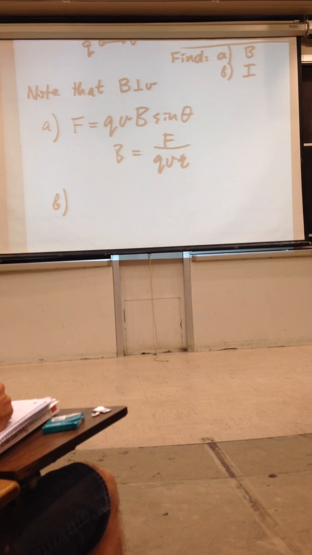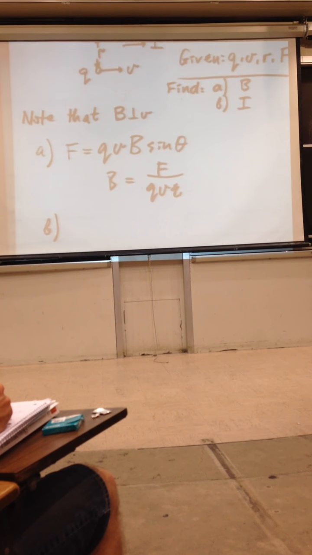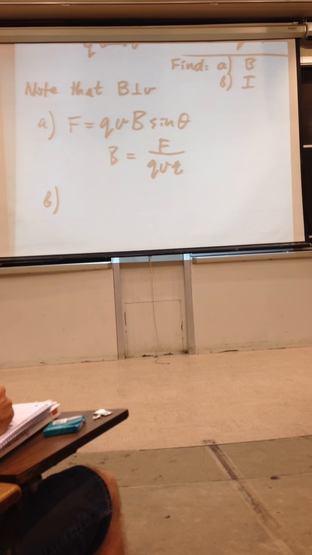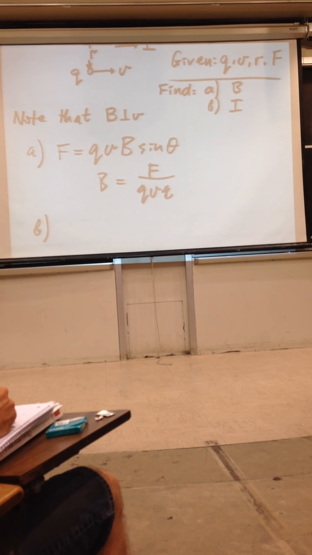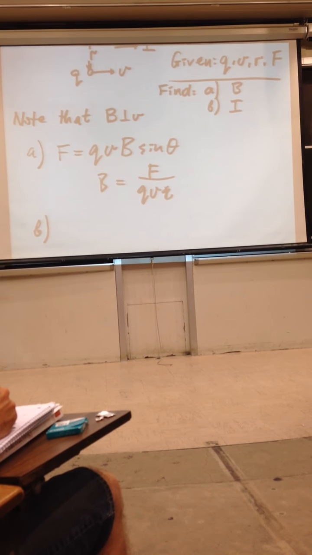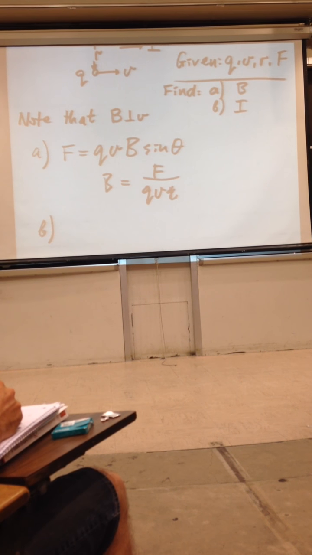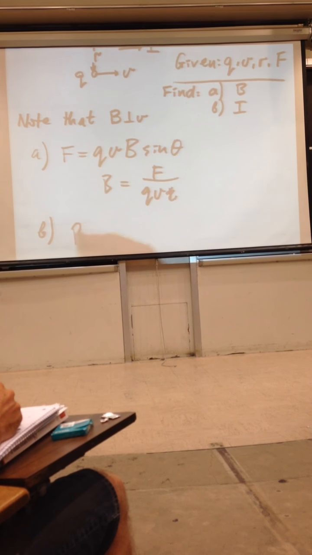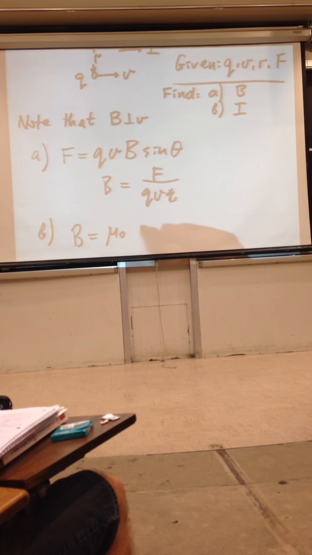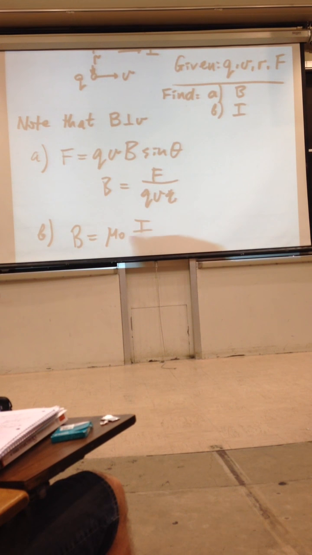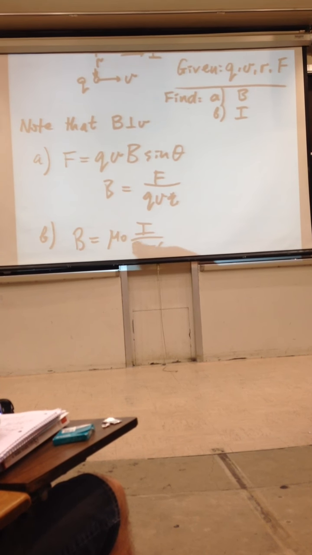So you should use the formula for magnetic field created by a wire at a certain distance r. Okay, this formula is B equals mu0 times the current divided by 2 pi r.